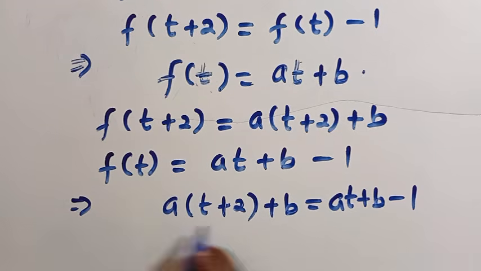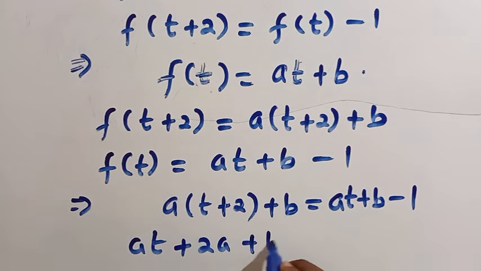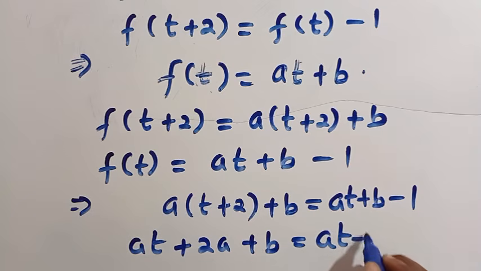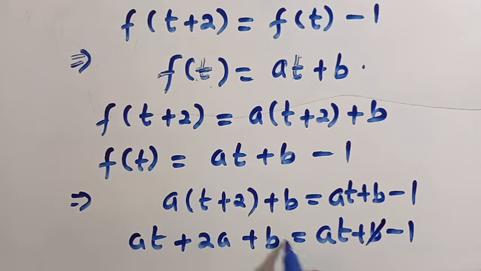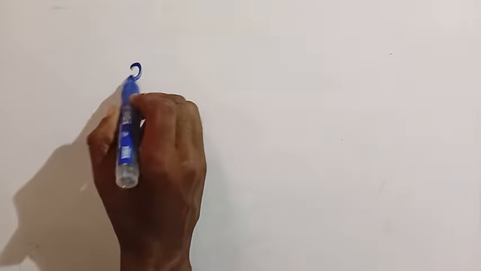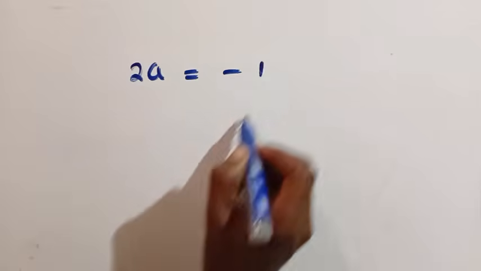Expanding this out, we have at plus 2a plus b equals at plus b minus 1. Let's cancel b and b, and at cancels at, so that we have only 2a equals minus 1.